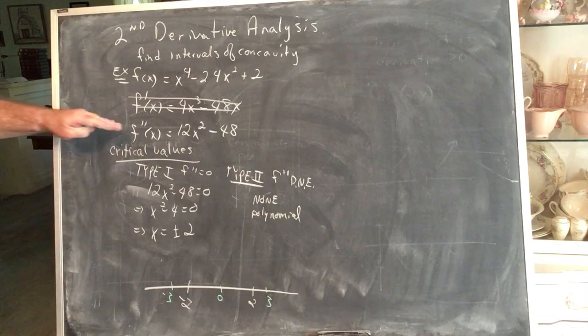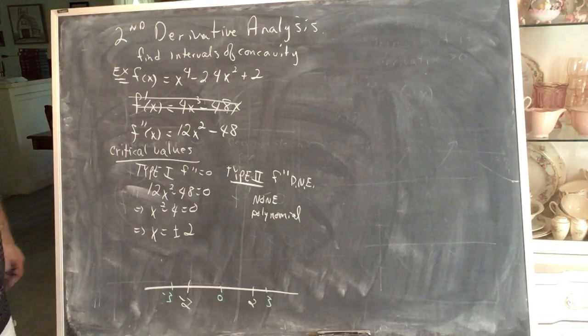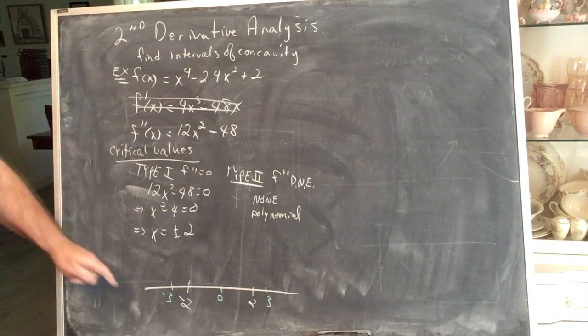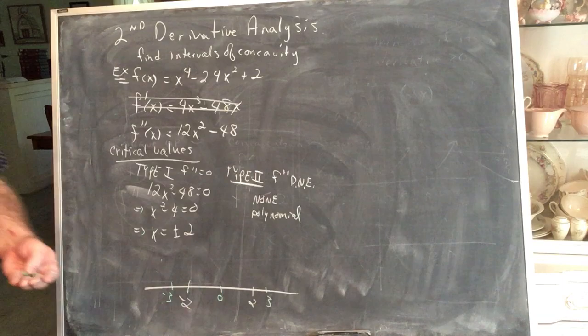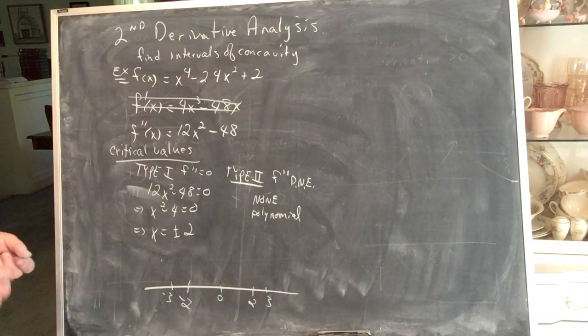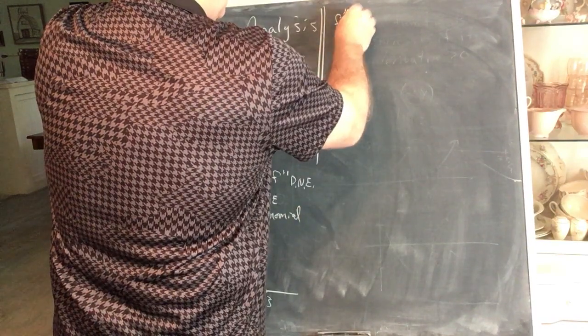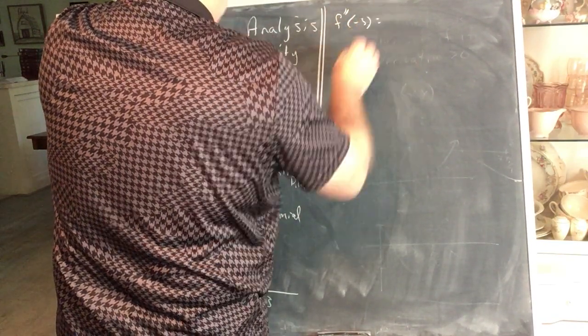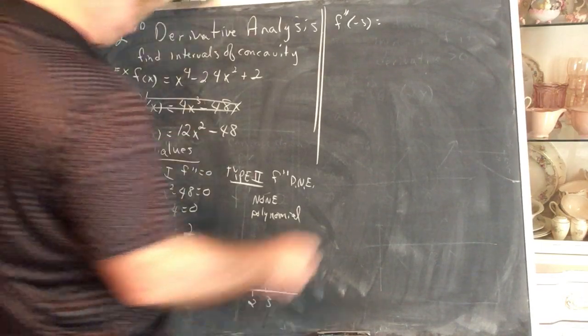You evaluate the second derivative. This is the analysis part of the second derivative analysis. Evaluate the second derivative at each of those representative values, in this case, negative 3, 0, 3. So we need the second derivative at negative 3, which is 12 times negative 3 squared minus 48.